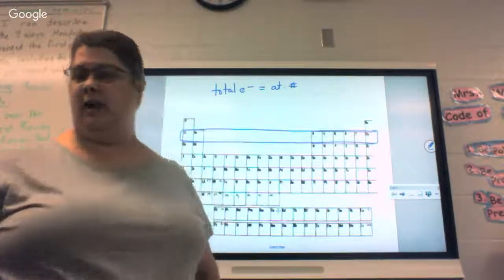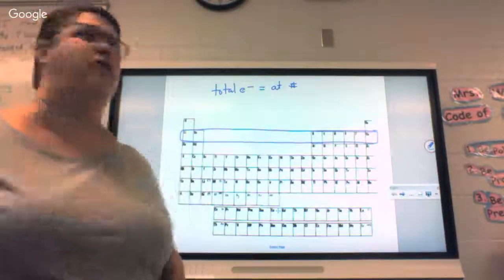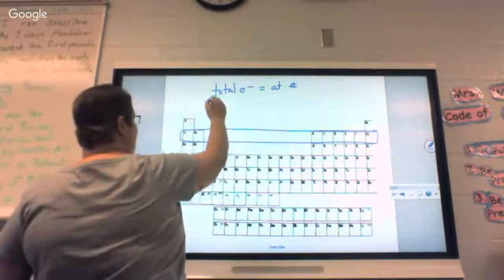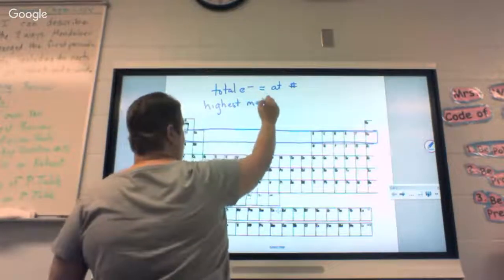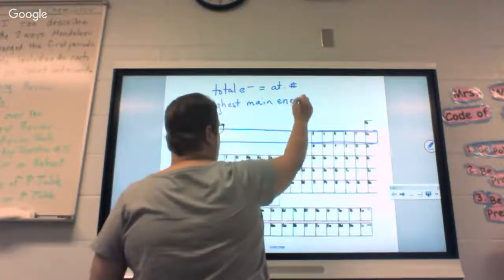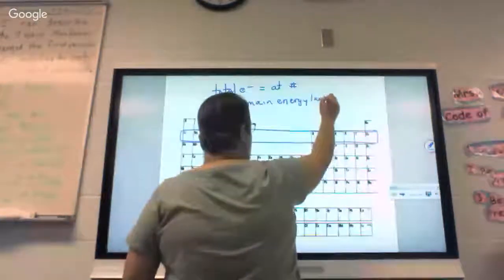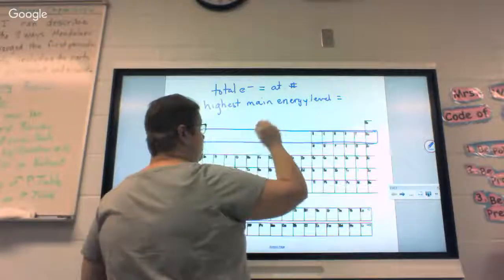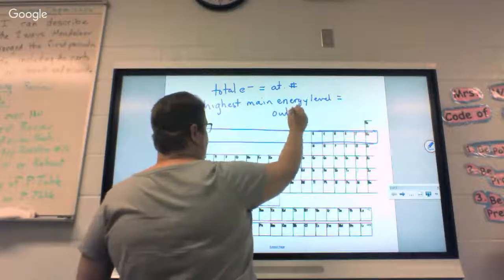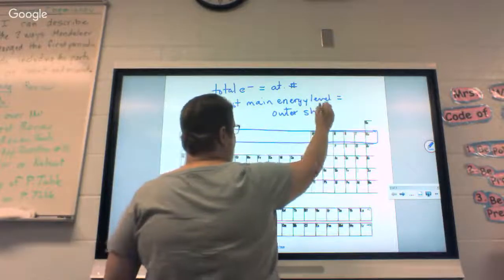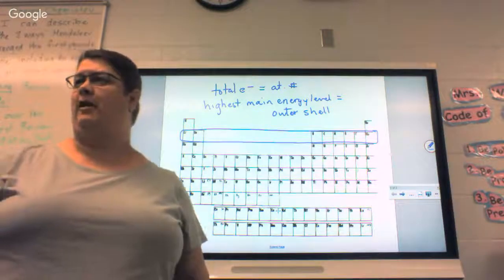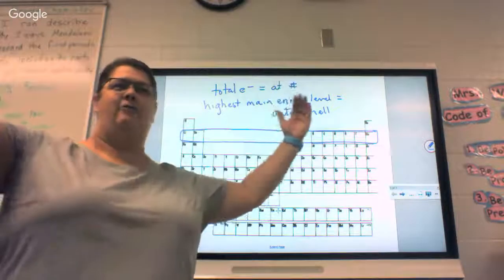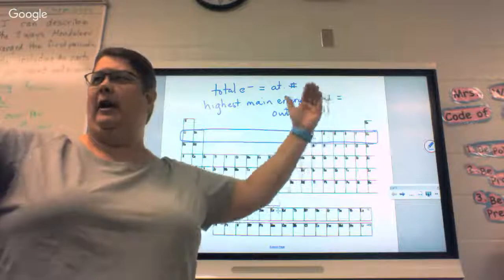Now, the second question, we talked about this before you left. If it says highest main energy level, how do you translate that? That is the same thing as saying outer shell. It's a nice fancy way of saying outer shell. Highest main energy level means the very outside of the atom.